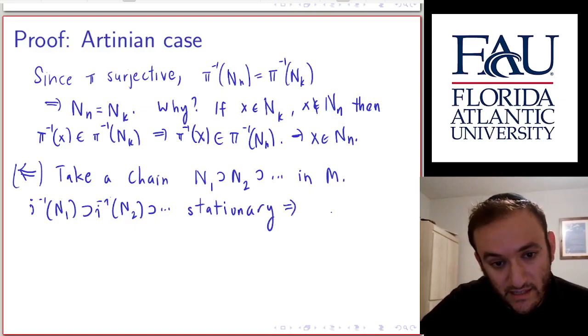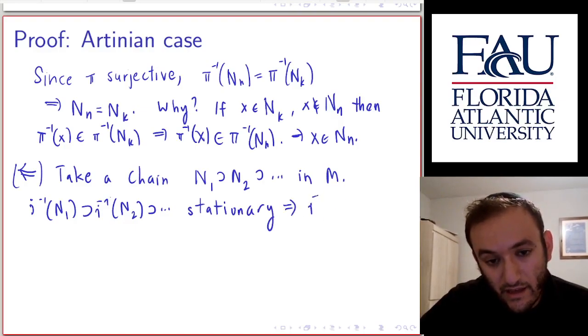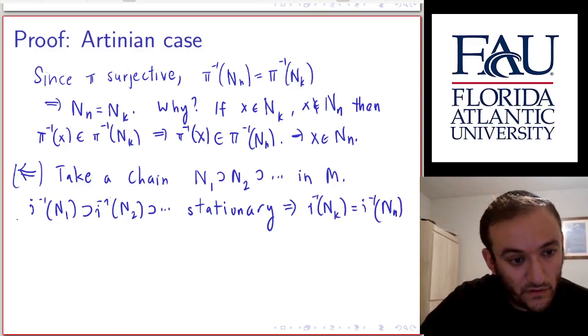So this implies that i inverse of n_k is equal to i inverse of n_n for all k greater than n.